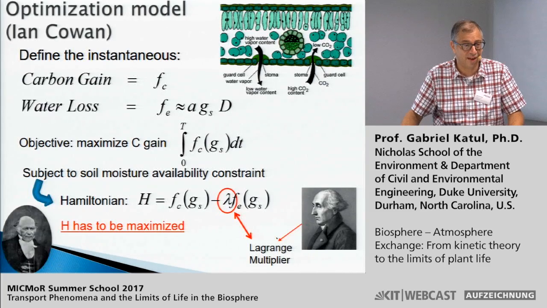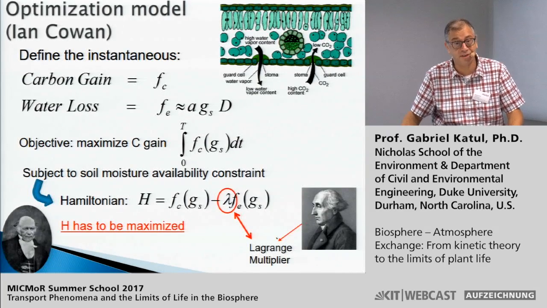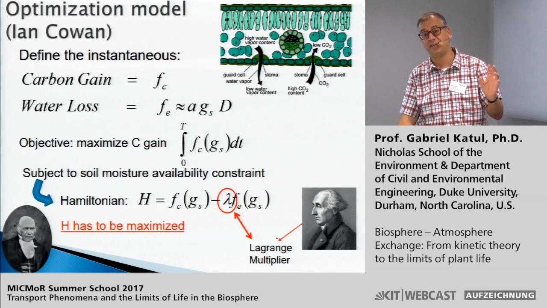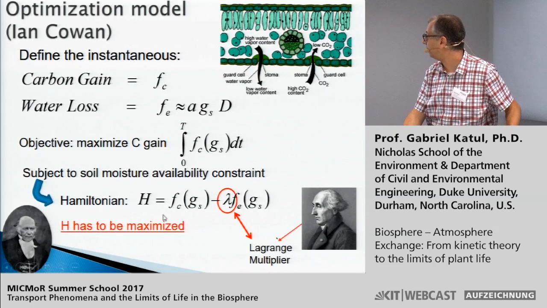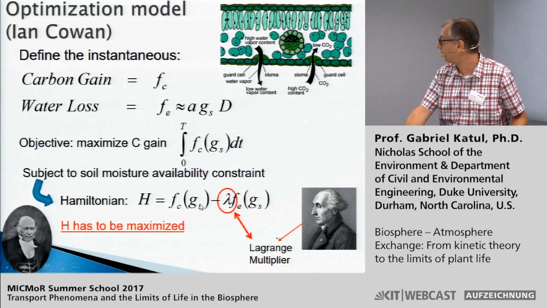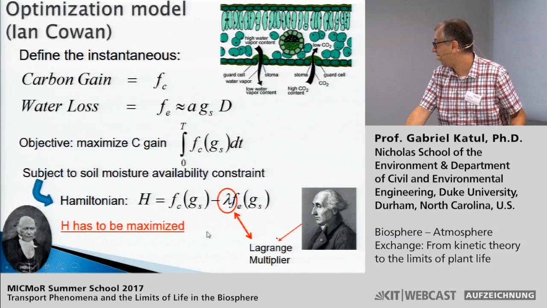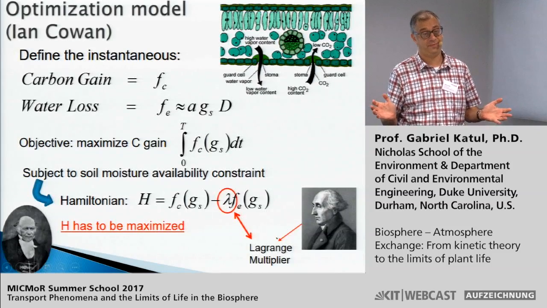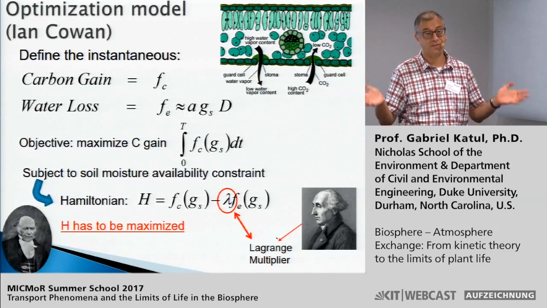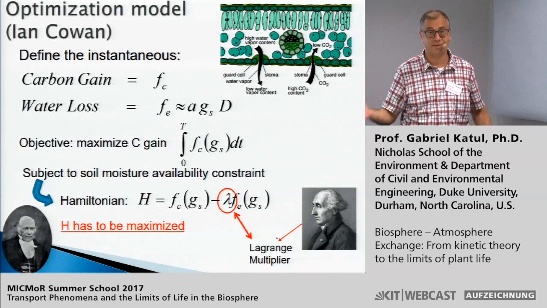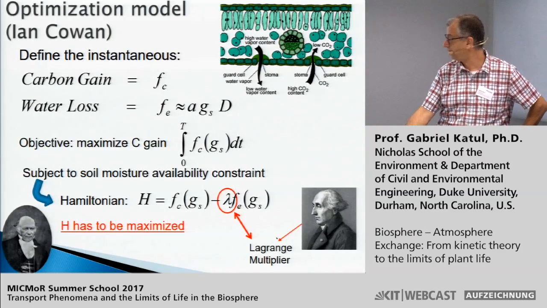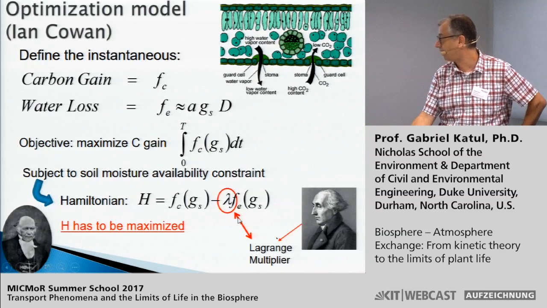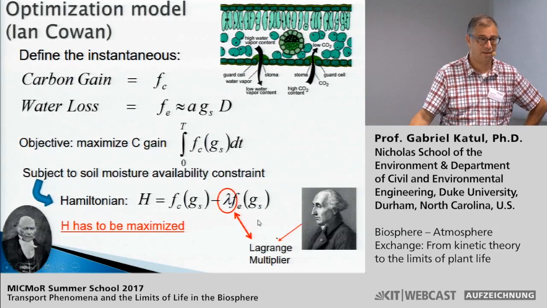Now we have an objective function that is strictly formulated with respect to the control parameter, in this case, stomatal conductance. So if we can maximize this Hamiltonian with respect to this control variable, g_s, then we are in business. That might give us a formulation for stomatal conductance with this goal in mind: maximization of this Hamiltonian, which is carbon gain subject to finite water losses. Clear?